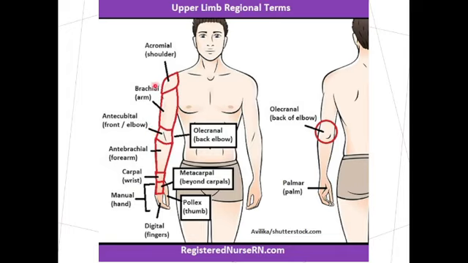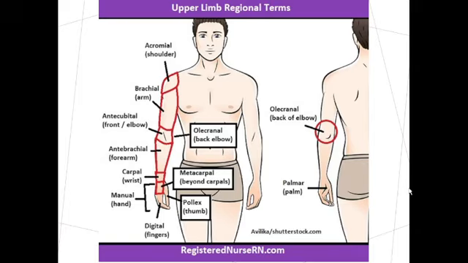So brachial means arm, then ante means front. So that means the front arm or the forearm. It's important to note that many people refer to their upper limb as arms, but in anatomy, this is just a part of the arm.